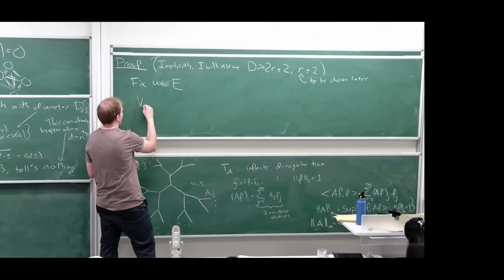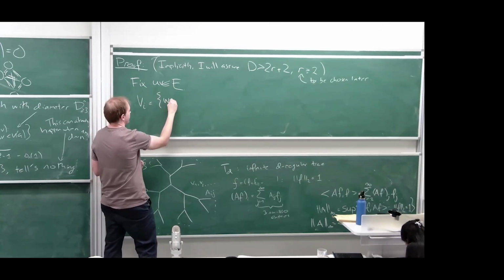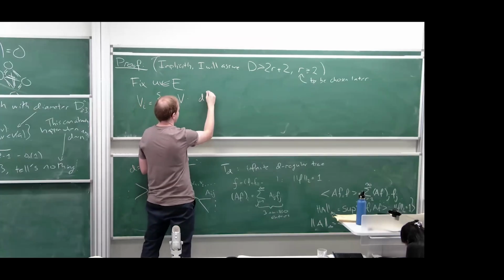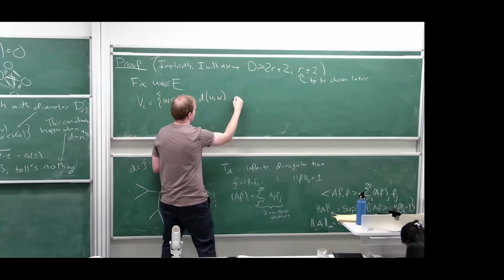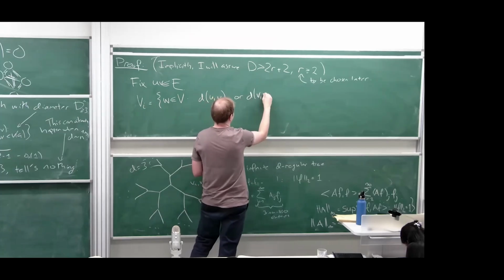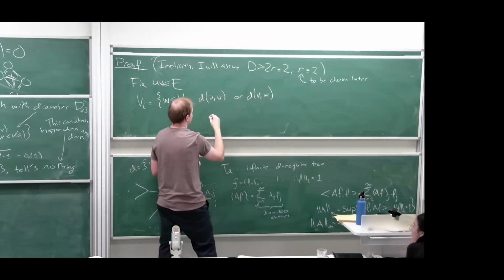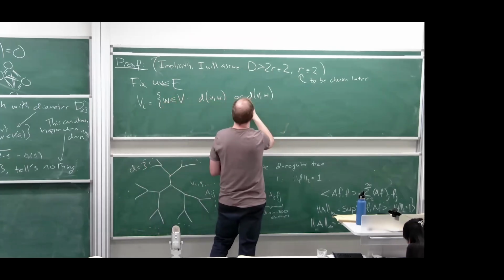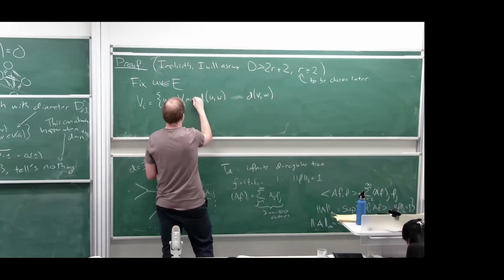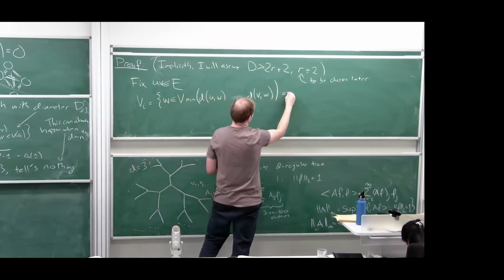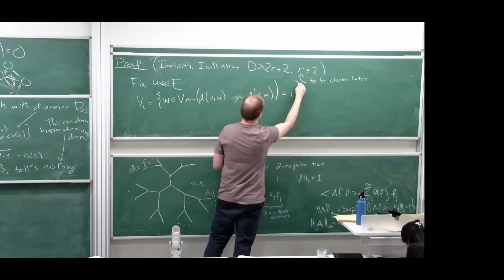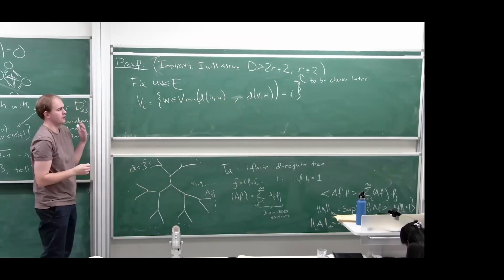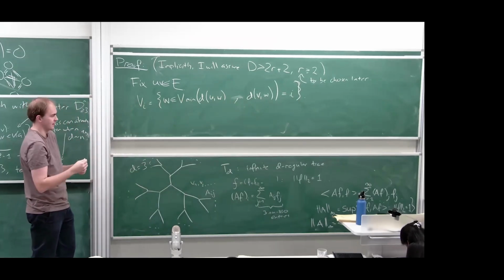So let Vi denote all the vertices W in V so that the distance from either U or V is exactly i.